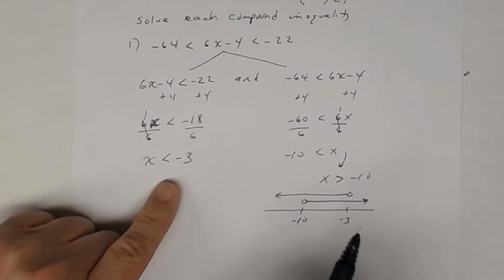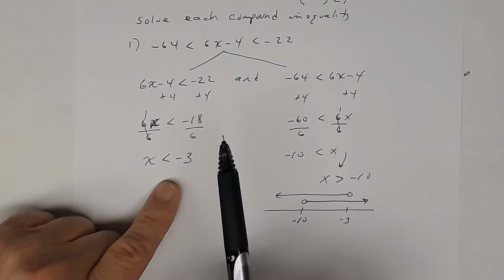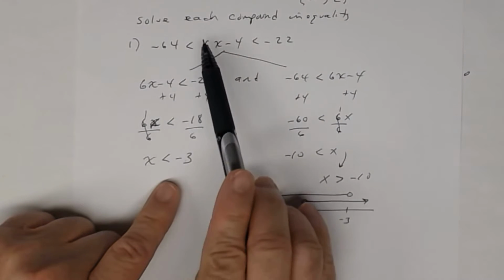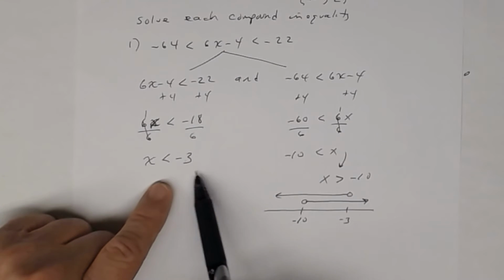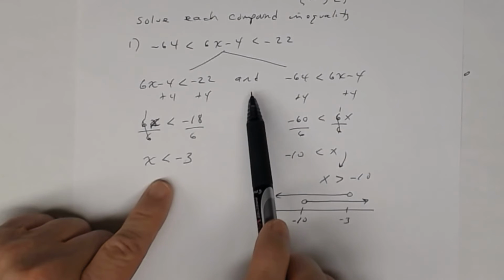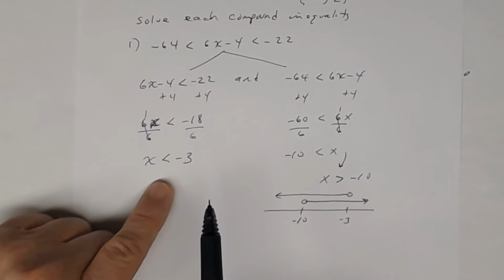All right. Now, I want to find the solution to the original. So the solution to the original says this. All of my solutions will be any real number less than -3 and at the same time must be greater than -10.